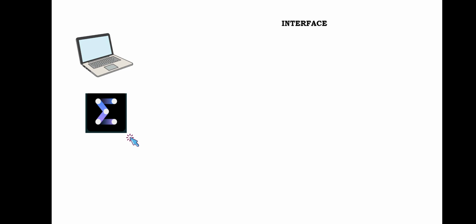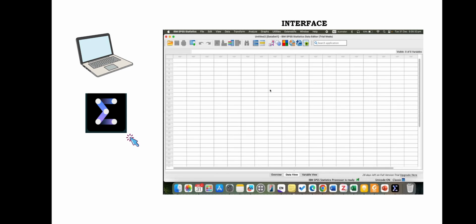Let's take our laptop and open the V30 or V31 version. When we double click it, what we see is this interface. These small cells and small boxes and this whole combination of boxes is called a spreadsheet. But in SPSS software, it is called the Data Editor spreadsheets.